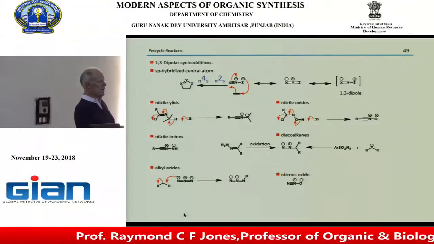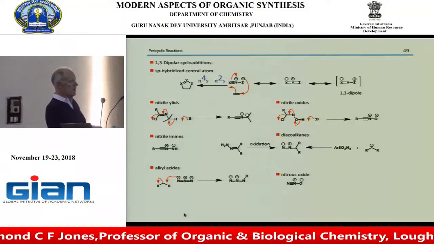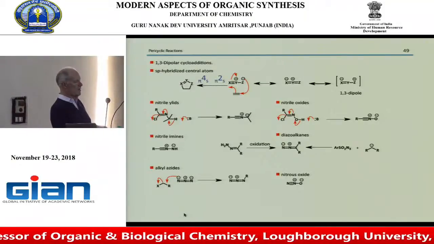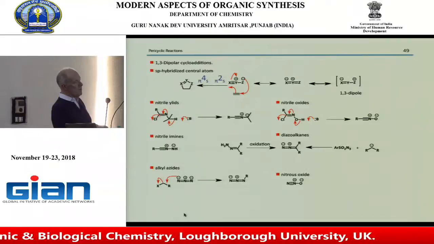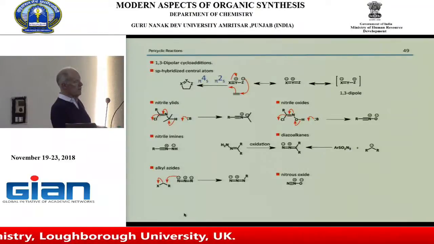That's not right, is it? That should be R dash, because that's now R. So it's substitution here, but that's not the same R then because I've lost a carbon. But by reaction of azide anion with leaving group bearing carbons, you get an NNN dipole.